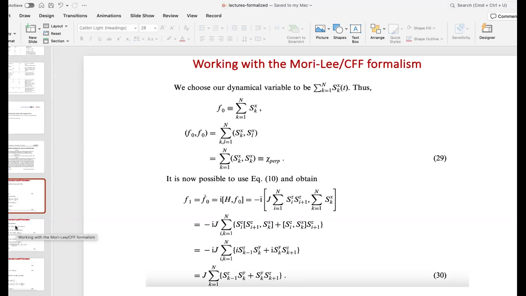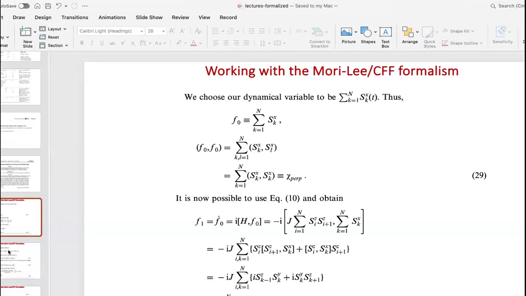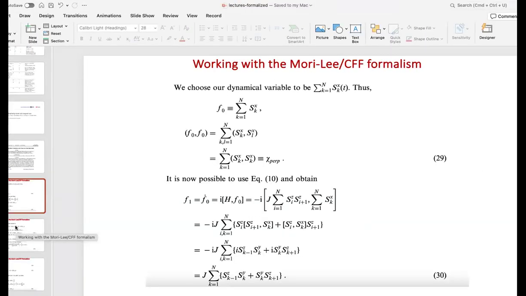Now, if you look at the structure of this F1, I want you to notice something. You have taken a spin and you have tipped it, and this excitation is now going to spread to nearest neighbors because the Hamiltonian entails nearest neighbor interactions, right?